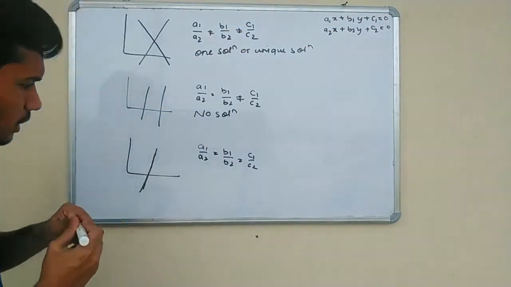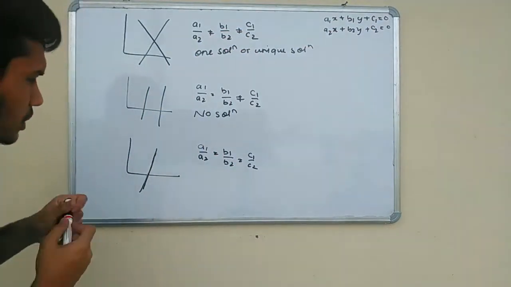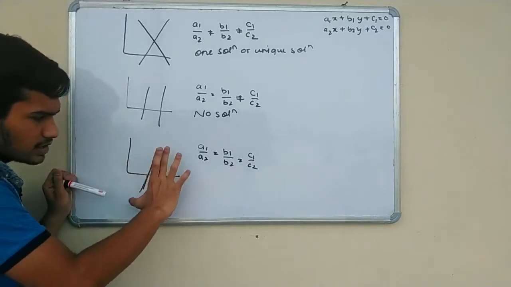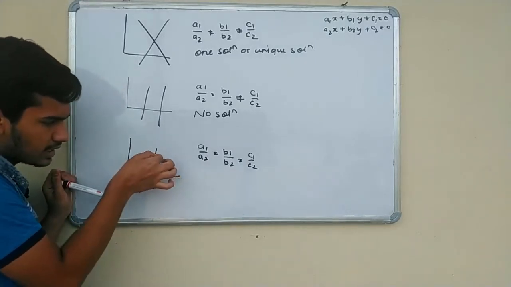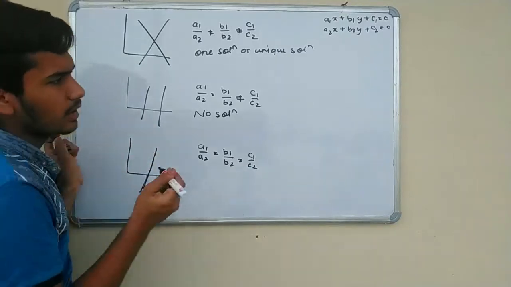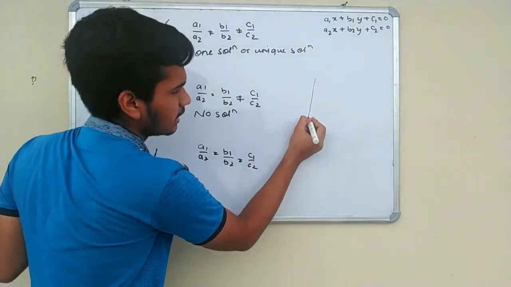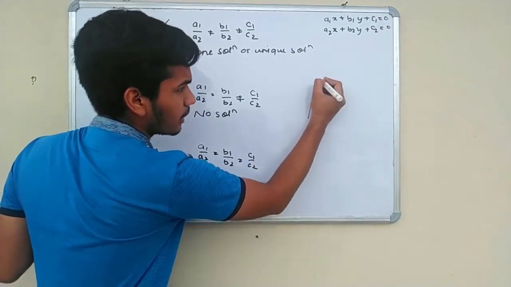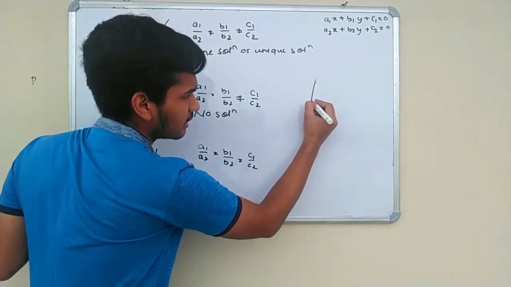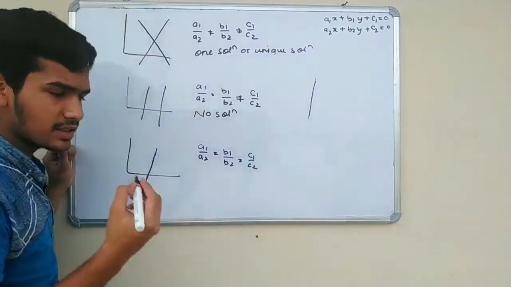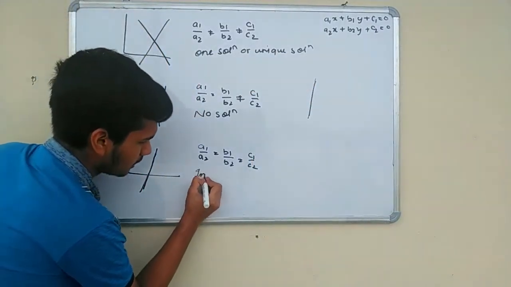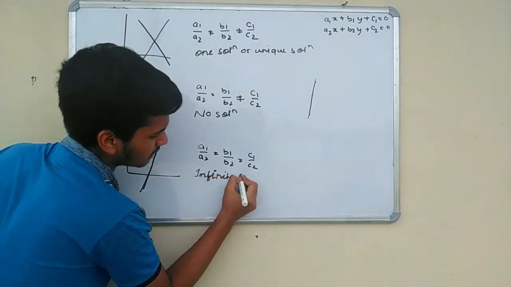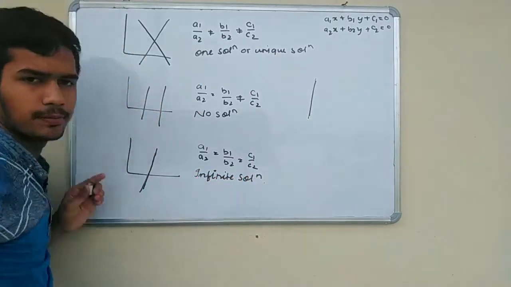Here if we talk about the solution, at each and every point on this line, the second line is intersecting it. So it has infinite solutions, or we can say infinitely many solutions.